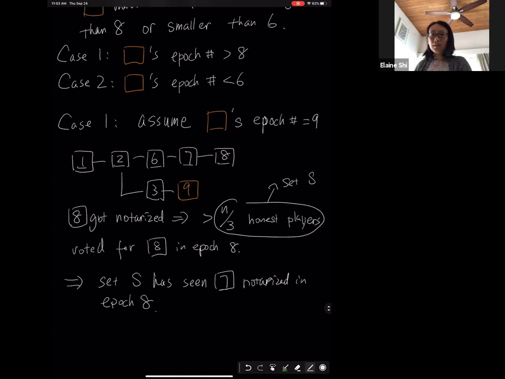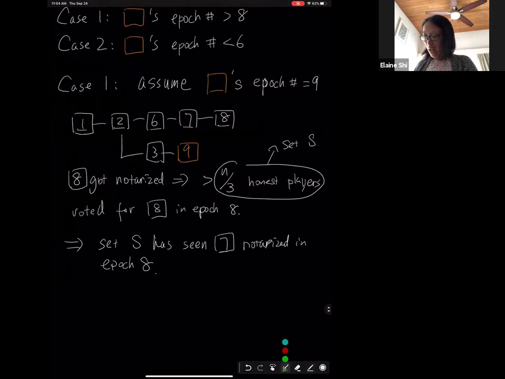This has to do with the voting rule. I'm not going to vote for the block unless the parent is notarized. Remember, the voting rule says I will only vote for the block if it extends from one of the longest notarized chains I've seen. It implies the parent has to be notarized for me to vote on it. So now we know that many honest players have seen 7 notarized already in epoch 8. And the question is whether the set S will vote on 9 in epoch 9.